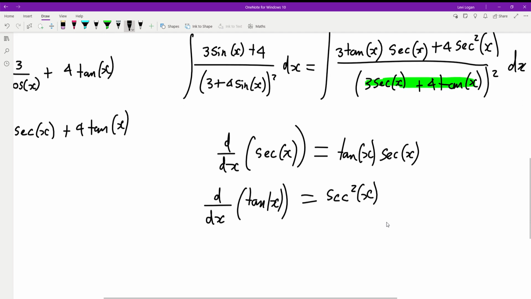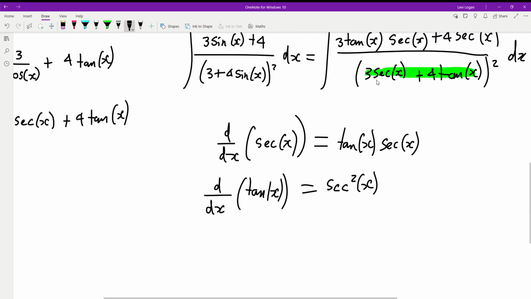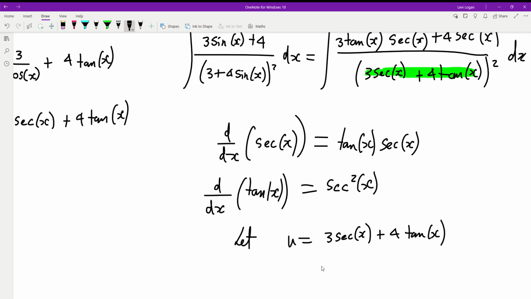So if I let u equal this green bit here, 3 sec x plus 4 tan x, I want my du.